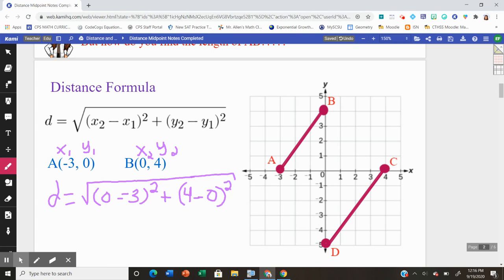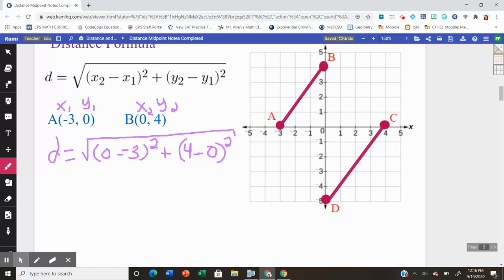All right, so let's go ahead. According to our order of operations, in order to simplify this, we're going to have to do what's inside the parentheses first. So 0 minus -3 is going to give me 3, and 4 minus 0 is 4.